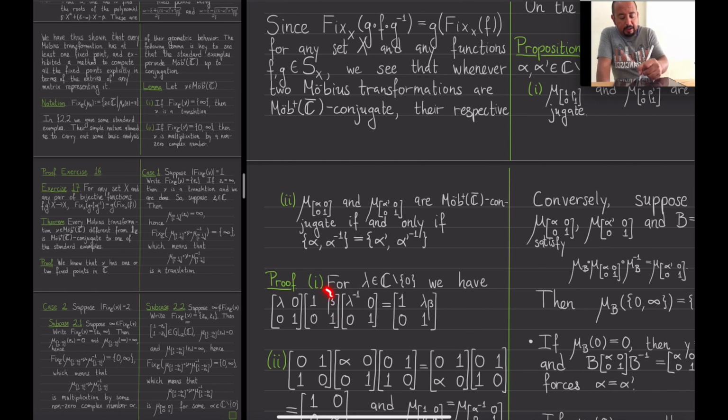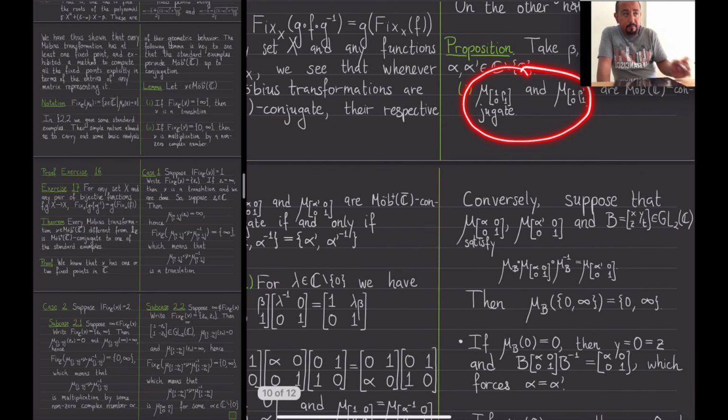In any case, you can just do the direct computation and see that when you conjugate the matrix representing the translation by beta by this, it gives you this. And so it's enough if you set lambda to be beta prime divided by beta, and that way you see that these two are conjugate.